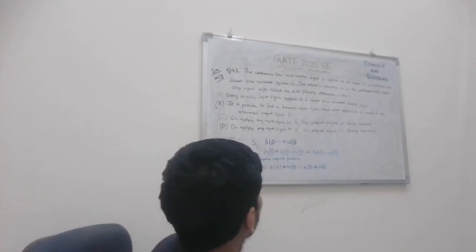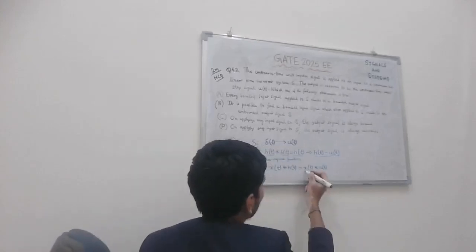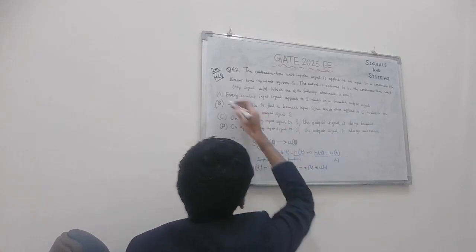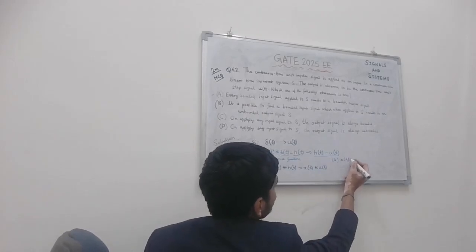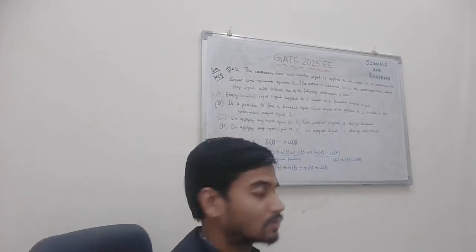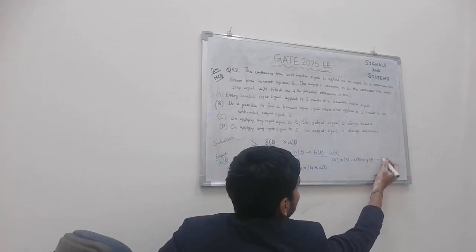Now, for verifying option A, let's say we apply the input x of t as u of t only, the unit step signal. So what do we get as the output? y of t equals u of t convolved with u of t.